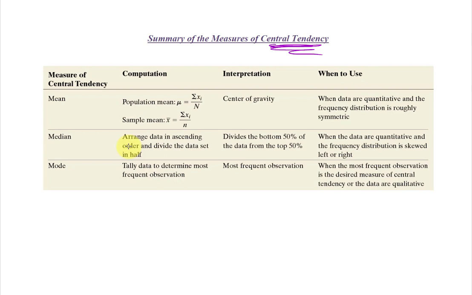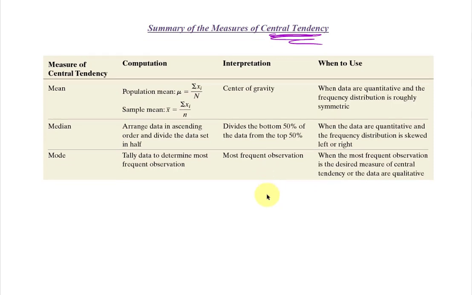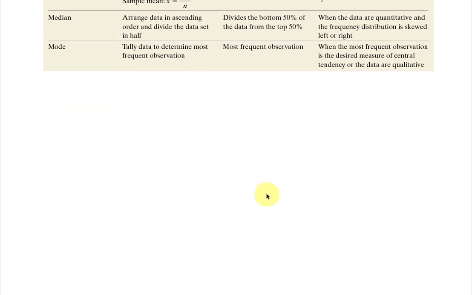If the number of observations is odd, then it's just the middle value for the median. And the mode is the most frequent observation, the data that has the highest frequency. Okay, so that is the end of section 3.1.